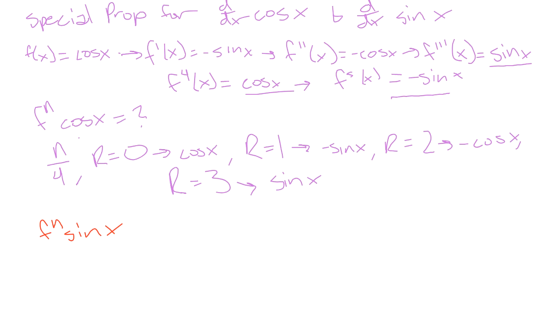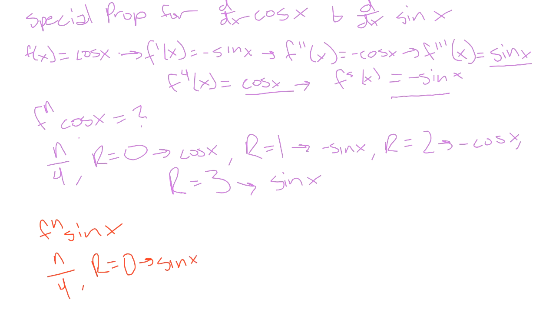So you can still go ahead and divide the nth derivative, that power, by 4. And then once again, we're going to end up getting this little pattern. If we do not have a remainder, then that's going to just get you sine of x.